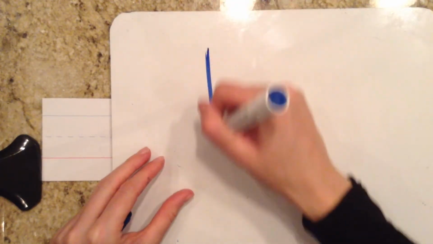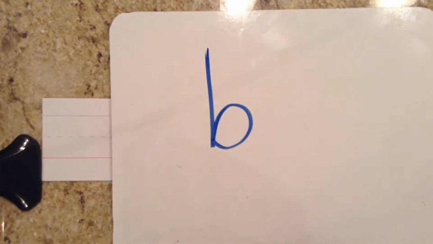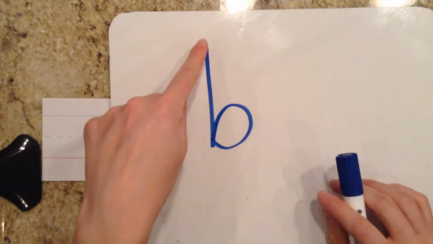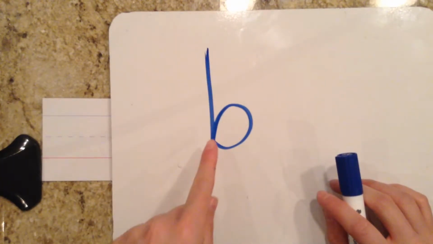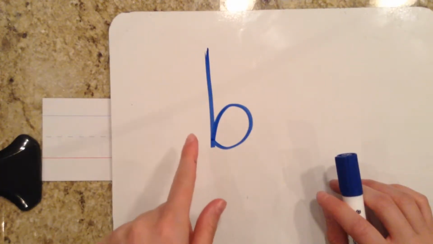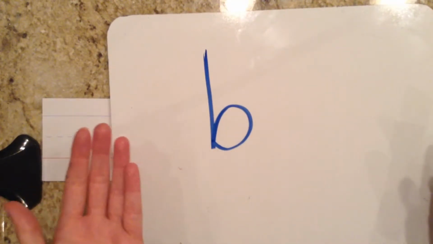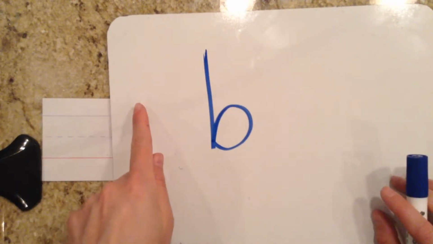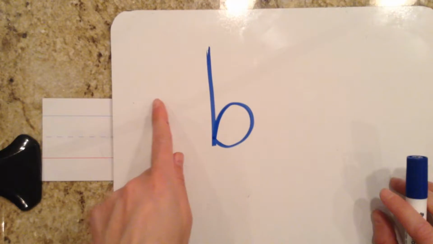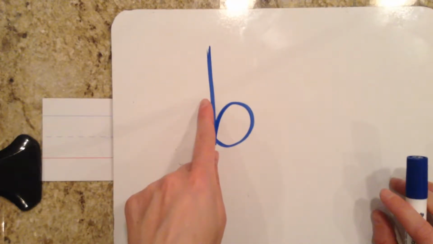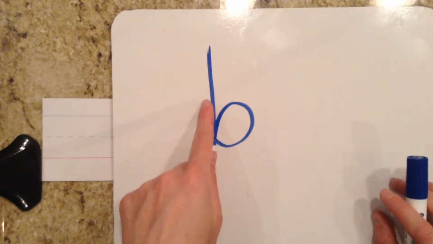When you print these letters, well, you start in different places. Let me show you something. Here's a lowercase b. You see, there's the straight down stick part, and then there's also the circle part. If you're trying to remember which part you're supposed to print first, pretend you're reading a book like this. What is the first part of the letter that you come to?